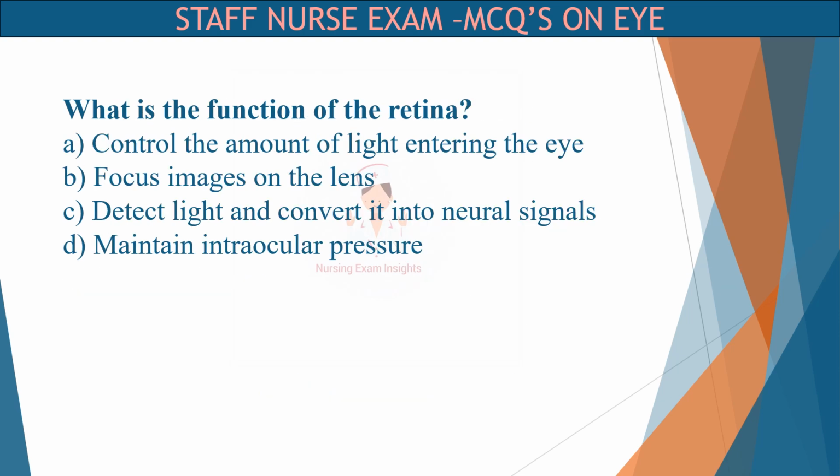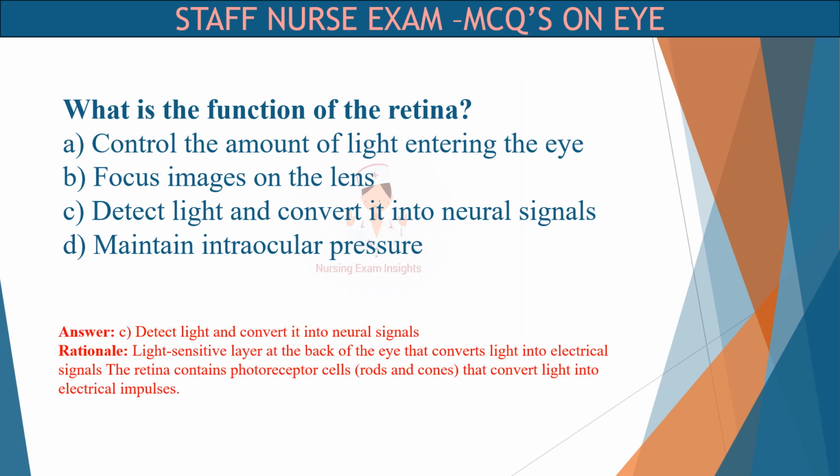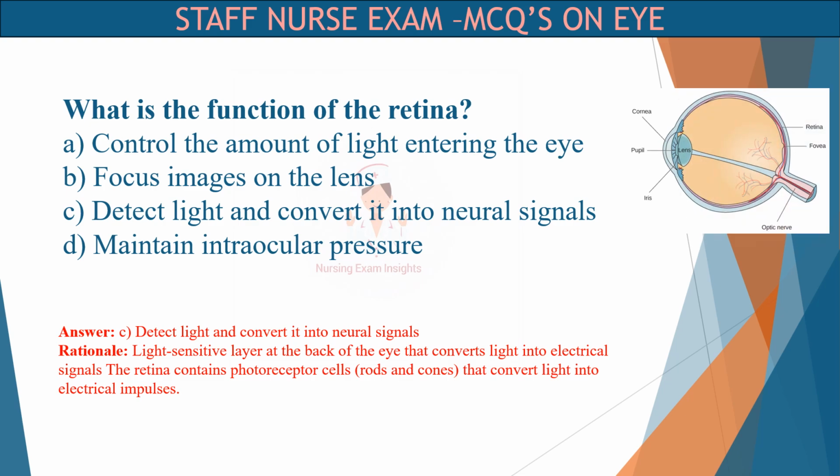What is the function of the retina? A. Control the amount of light entering the eye. B. Focus images on the lens. C. Detect light and convert it into neural signals. D. Maintain intraocular pressure. The right answer is C. Detect light and convert it into neural signals.